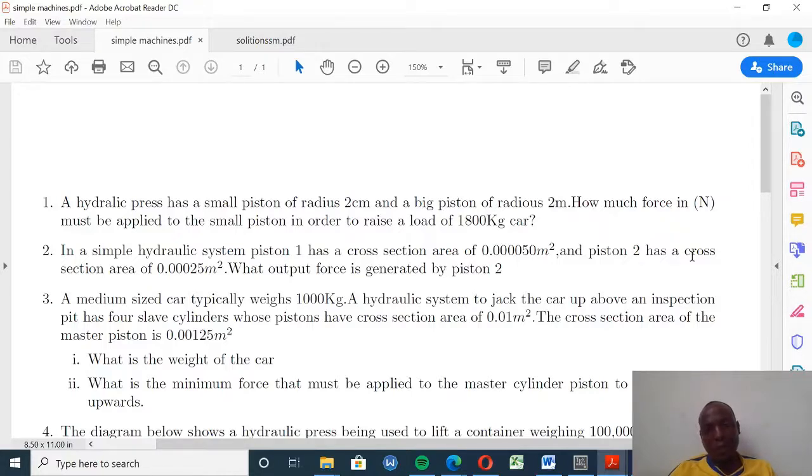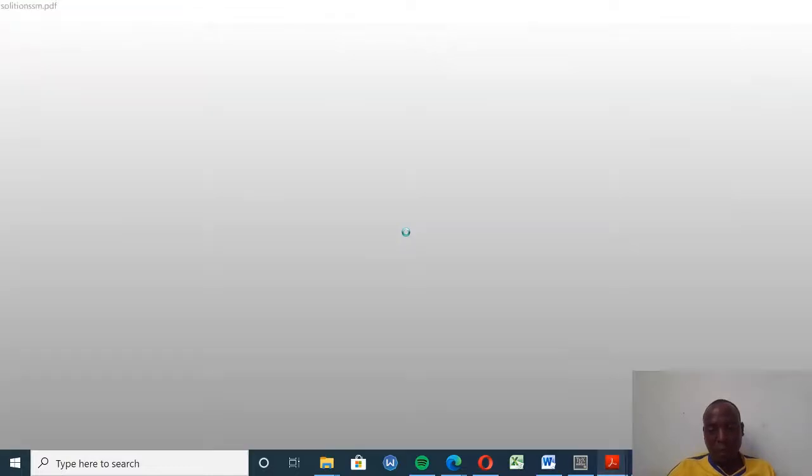That means that piston 1 is acting as the input, and piston 2 is where the output force is obtained. In other words, piston 1 is where the effort is put, and piston 2 is where the load is lifted. I hope that is okay.